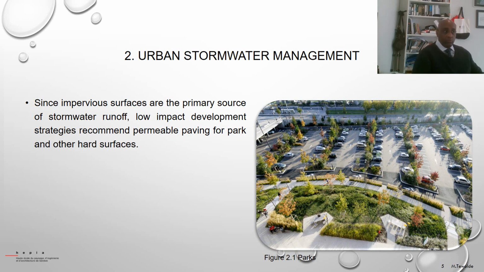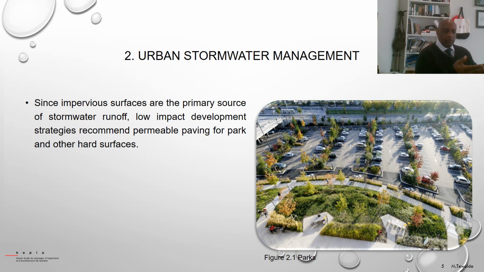So how can we manage that? Because we are preventing the water from entering into the soil, we need to create a permeable surface so that some of the water is allowed to enter into the groundwater.